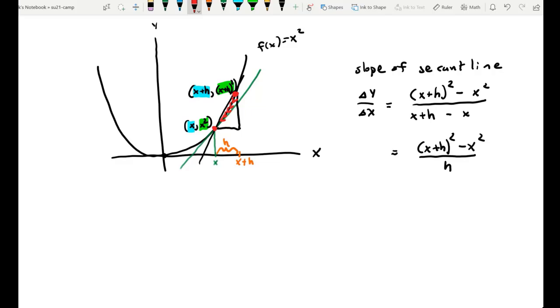Right, so if we want the point with this x coordinate, x plus h, to approach this point with x coordinate, what kind of limit do we have to take so that we find the slope of the tangent line?